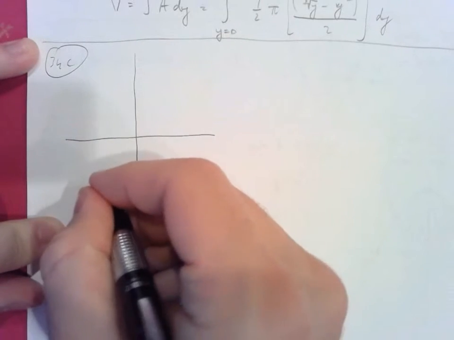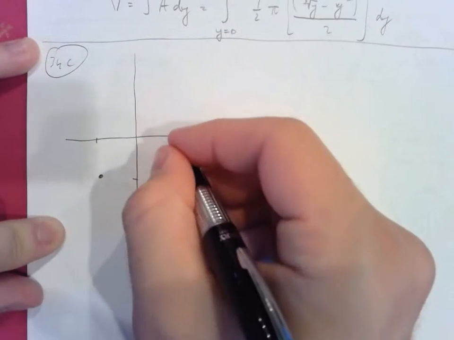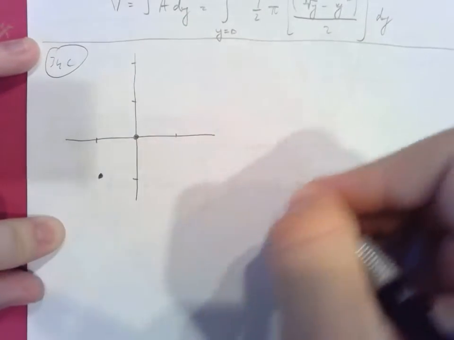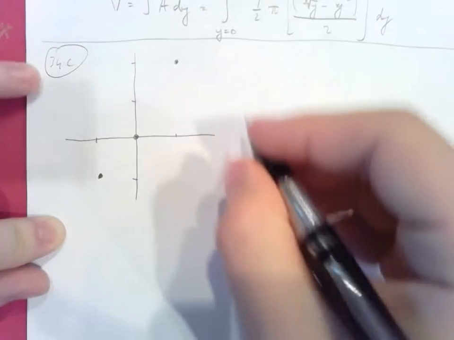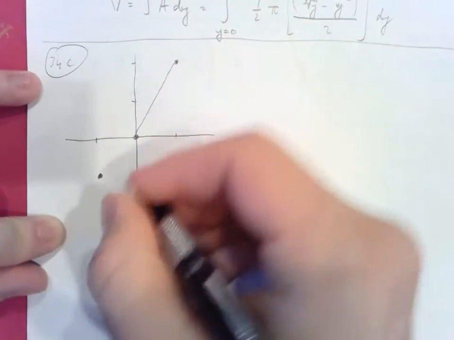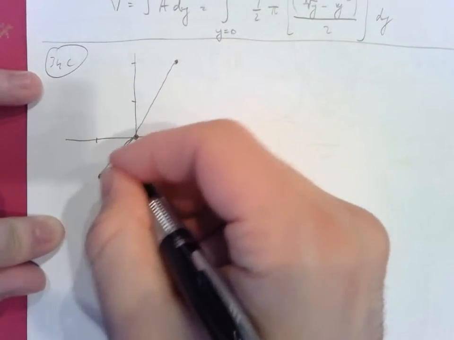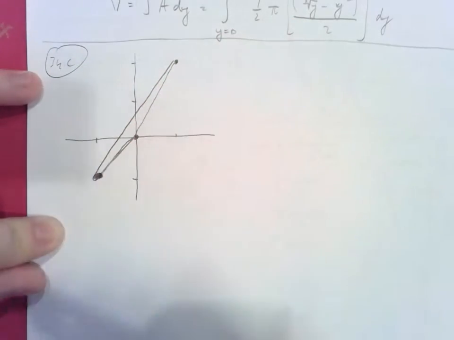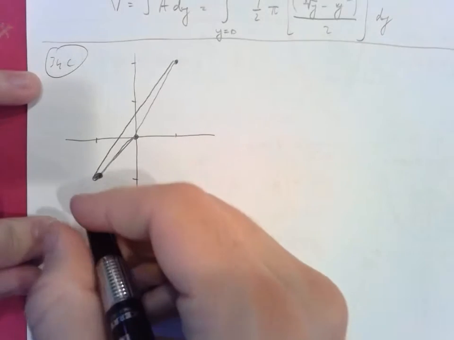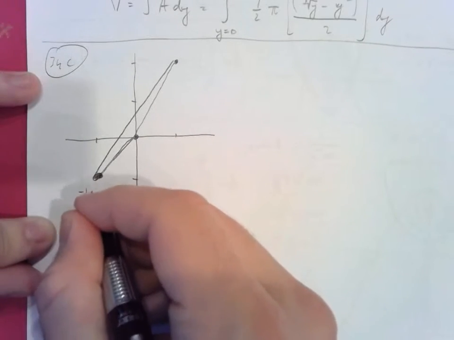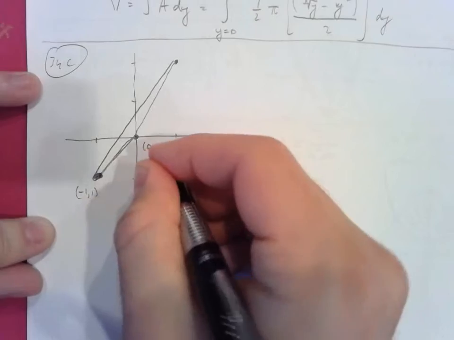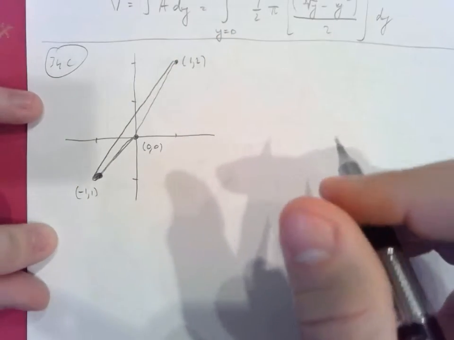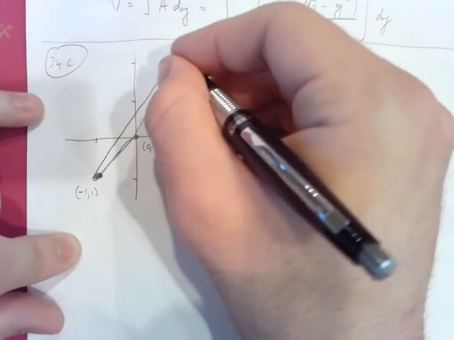I have a vertex at -1, 1, at 0, 0, and at 2, 1. So the region looks like a very thin triangle, just like so. Okay, so this is the point -1, 1. This is the point 0, 0, and this is the point 1, 2, not 2, 1. It's early in the morning.